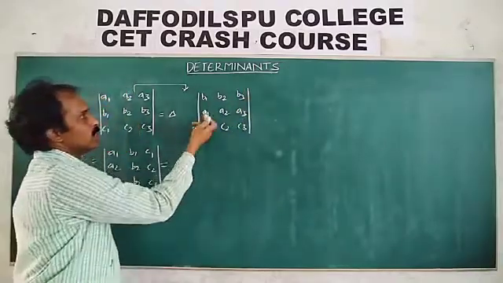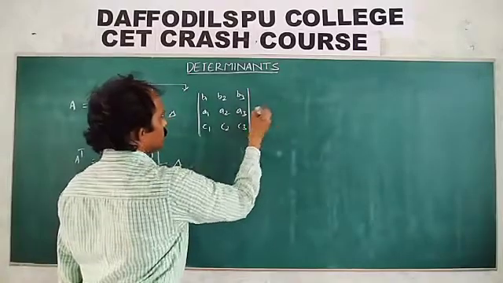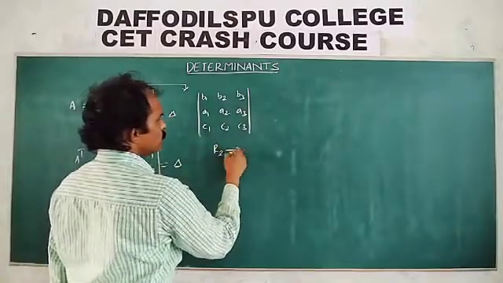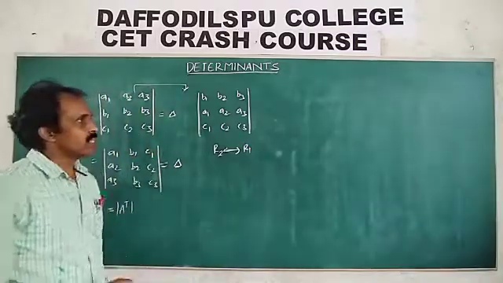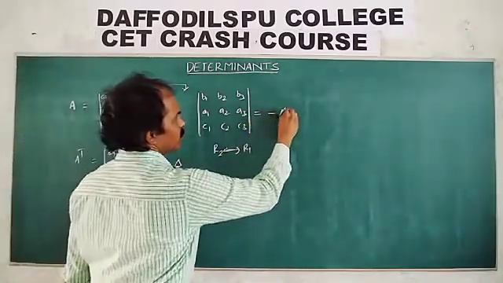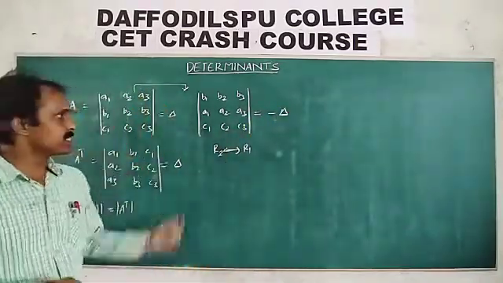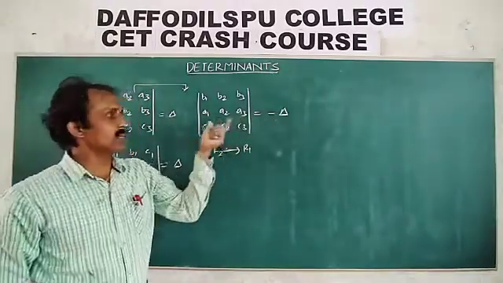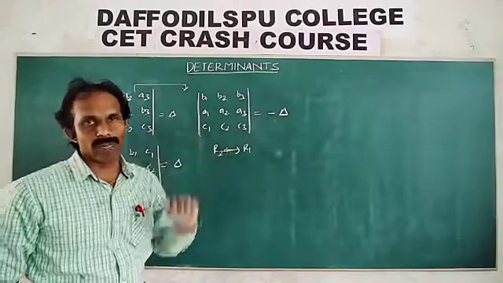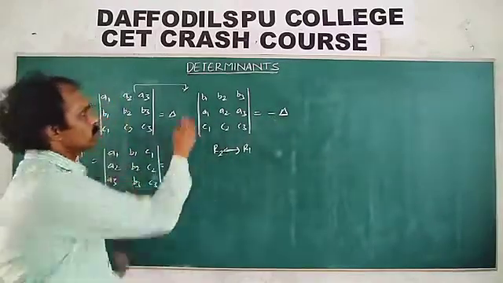Here we interchange R1 and R2. Then the sign of the determinant will change. The value delta becomes minus of it. For example, if it was 15, it becomes minus 15. So that is the second property.